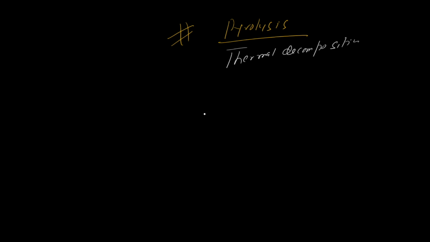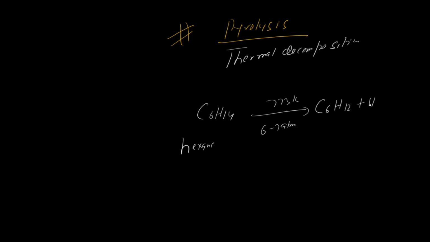That's it. Like C6H14, this is hexane. When hexane is heated at 773 Kelvin temperature and 6 to 7 atm pressure, it can give C6H12 plus hydrogen, or it can also give C4H8 plus C2H6, that is butane plus ethane, or there is another possibility, it can give C3H6 plus C2H4 plus CH4.